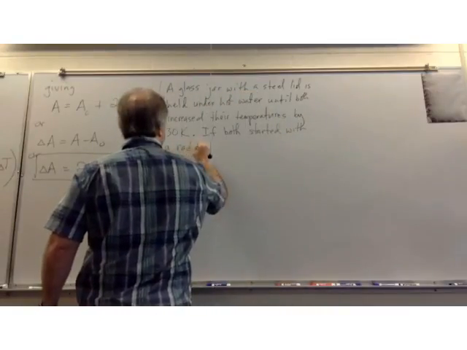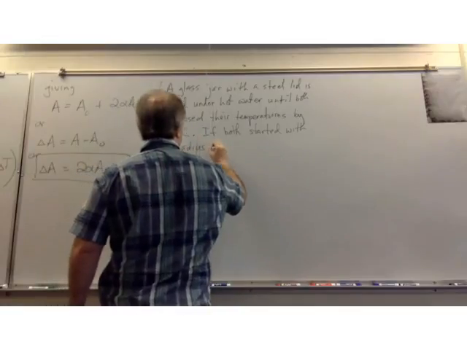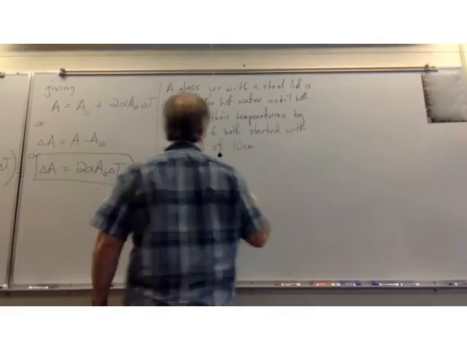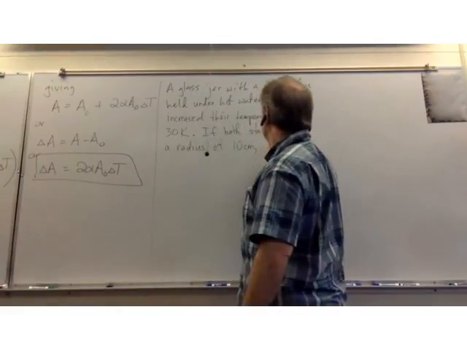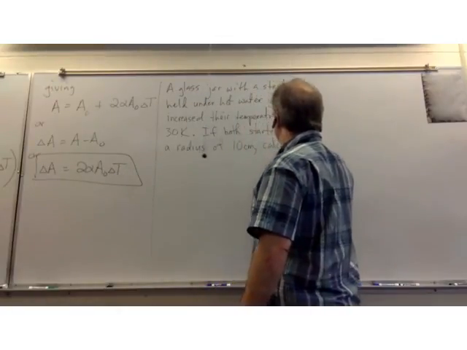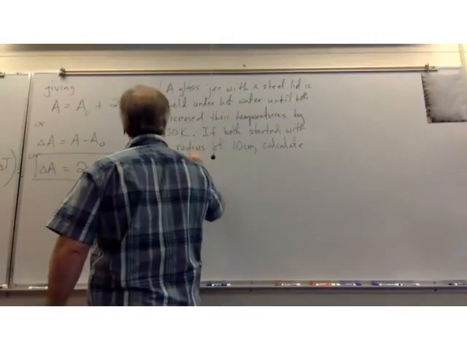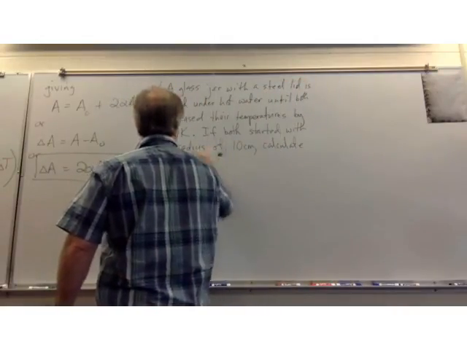And a typical size jar will have a radius of, let's say, 10 centimeters. That might be a little big, but whatever. Calculate the final areas for each.